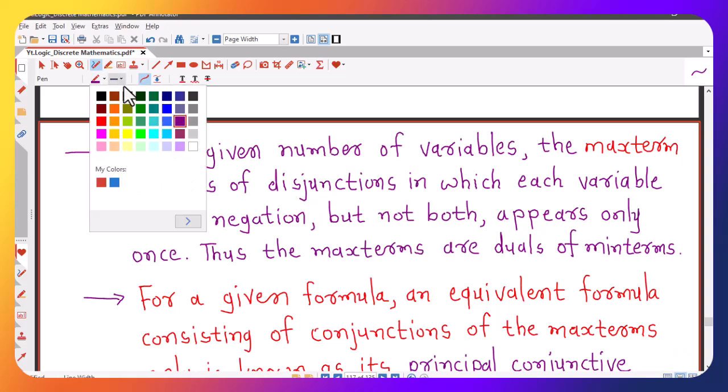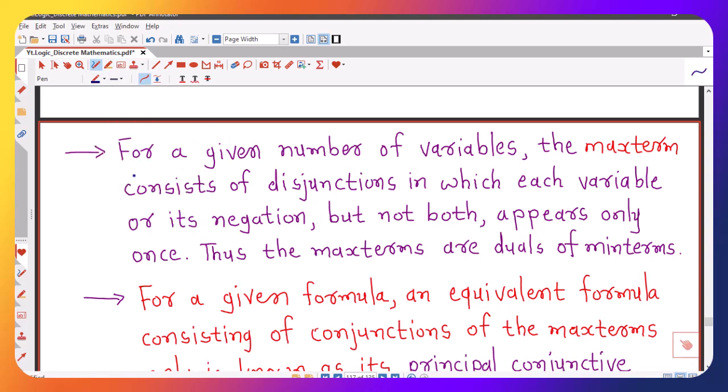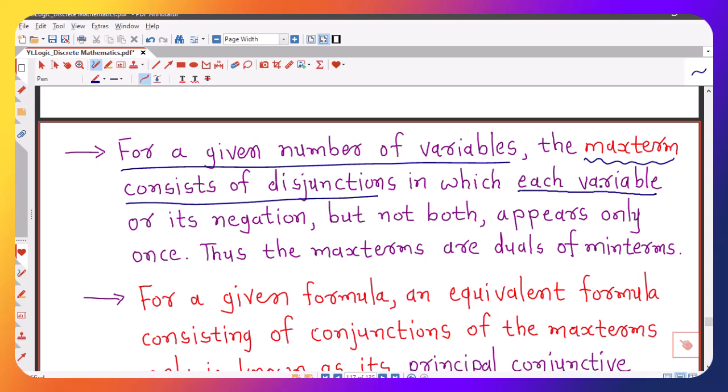I have written systematically here the meaning of max term for a given number of variables. A max term consists of a disjunction in which each variable or its negation, but not both, appears only once, and therefore we can say that max terms are duals of min terms.